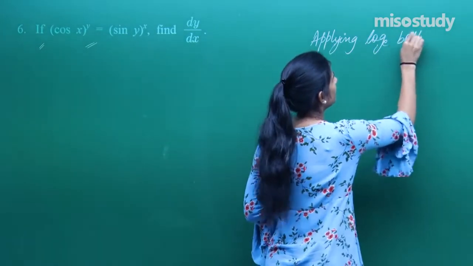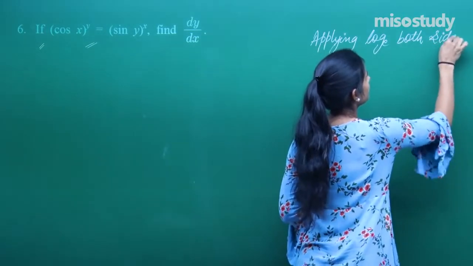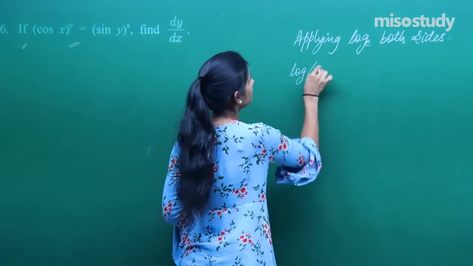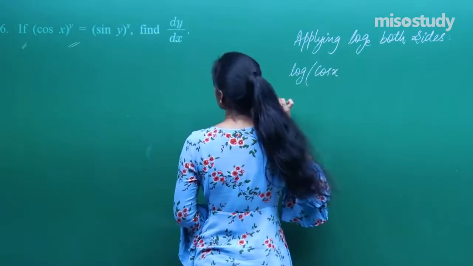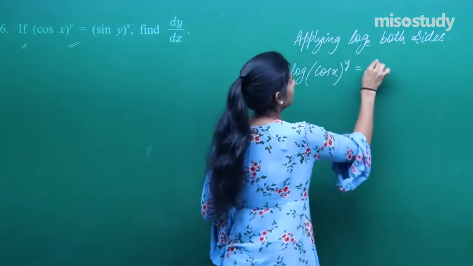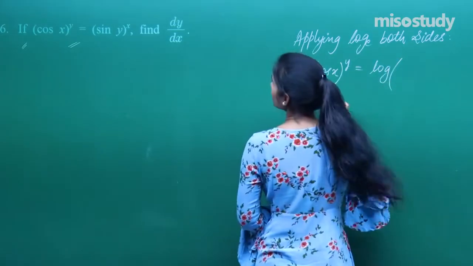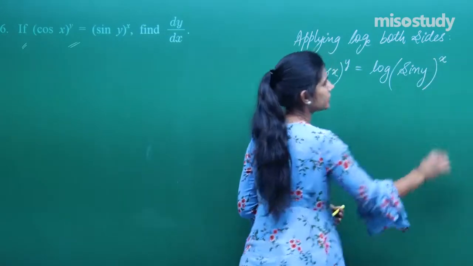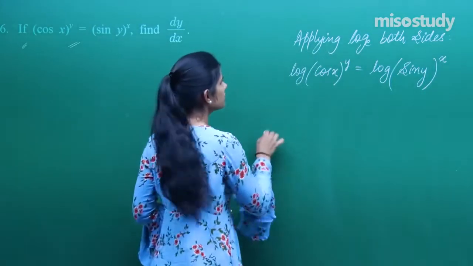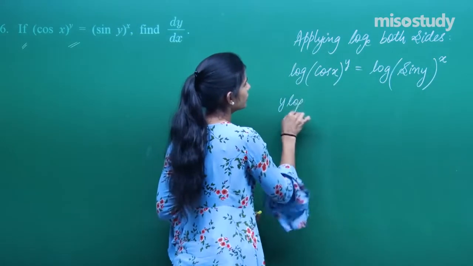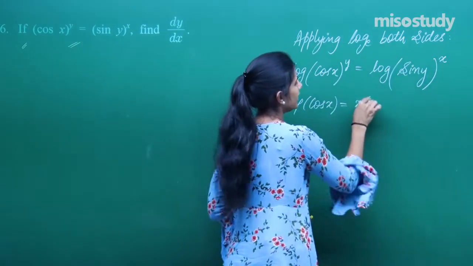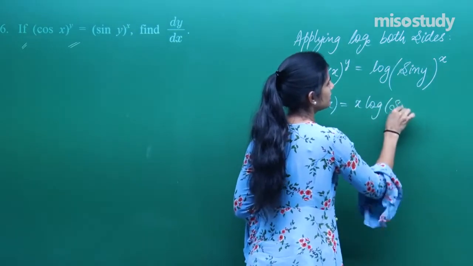What do you get? Log of cos x to the power y is equal to log of sin y to the power x. By the property of log, this is equal to y log cos x is equal to x log sin y.